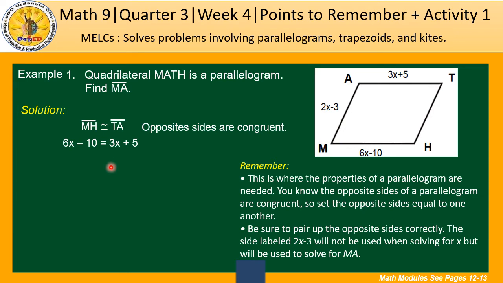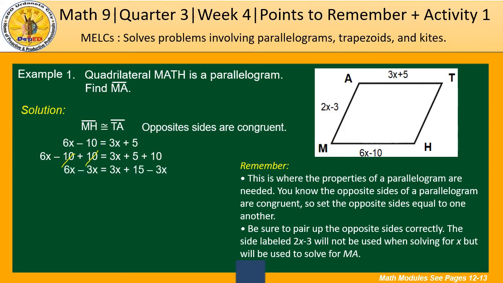Then next, using the addition property, we will add 10 to both sides in order to eliminate this one. So this will be cancelled out. Next, our problem is 3x.